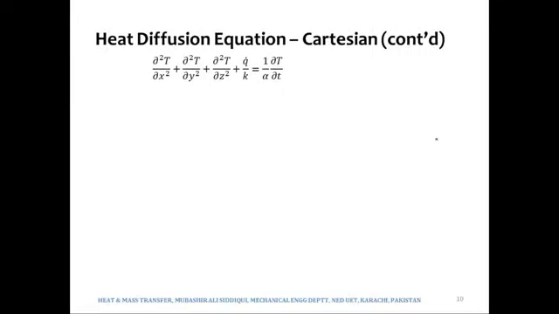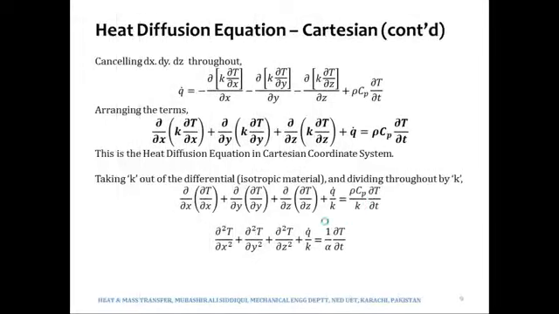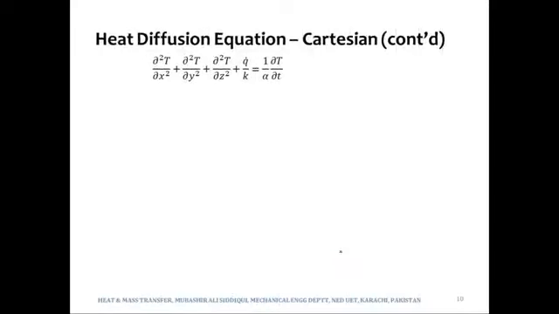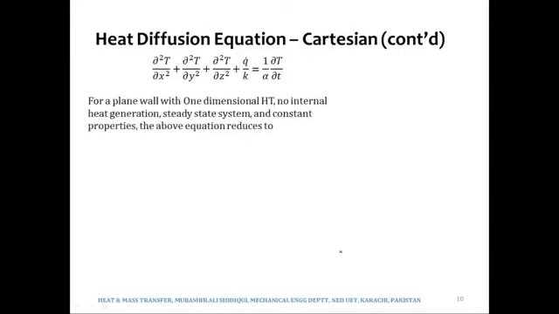Now starting with this equation, second derivative of T with x plus second derivative of T with y plus second derivative of T with z plus q dot over k equals 1 over alpha dou T over dou t. If we impose four conditions, I do not want to say assumptions, but rather conditions. And what are those four conditions?